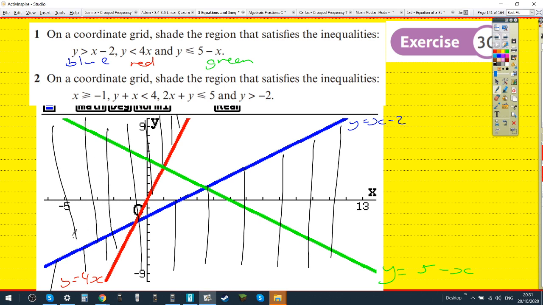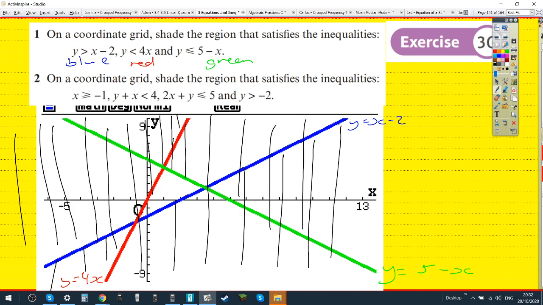And then the last one is anything where y is greater than 5 minus x, which is above the green line. And so we're deleting above the green line. And so what's the region remaining? It's a triangular shape in the middle.